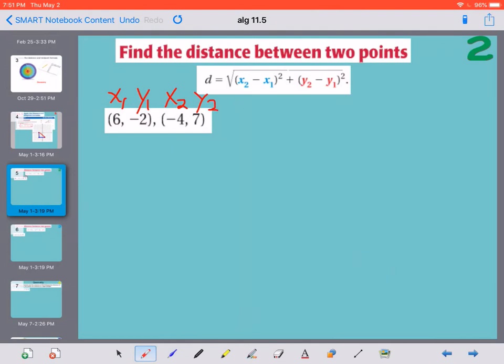So I'm going to find the square root of x2 minus x1, so negative 4 minus 6, squared, plus y2 minus y1, so y2 is 7 minus negative 2, squared.